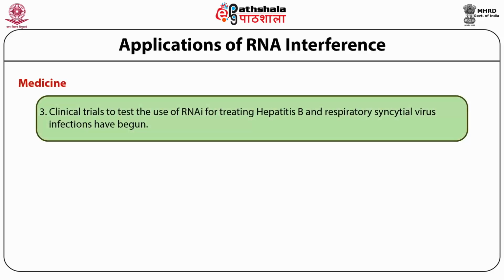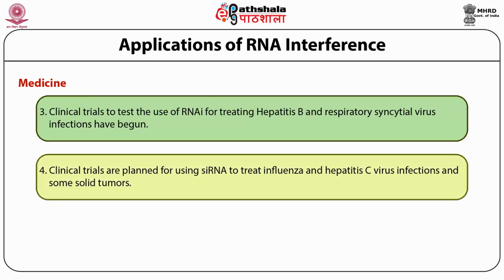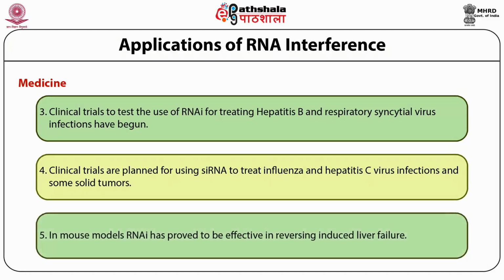Clinical trials to test the use of RNA interference for treating hepatitis B and respiratory syncytial virus infections have begun. Clinical trials are planned for using siRNA to treat influenza and hepatitis C virus infections and some solid tumors. In mouse models, RNA interference has proved effective in reversing induced liver failure.